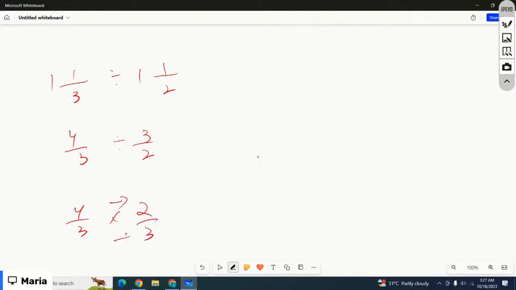Just multiply numerator with numerator, denominator with denominator. 4 times 2 is 8 and 3 times 3 is 9. So that would be 8 over 9. Yes, that is 8 over 9.